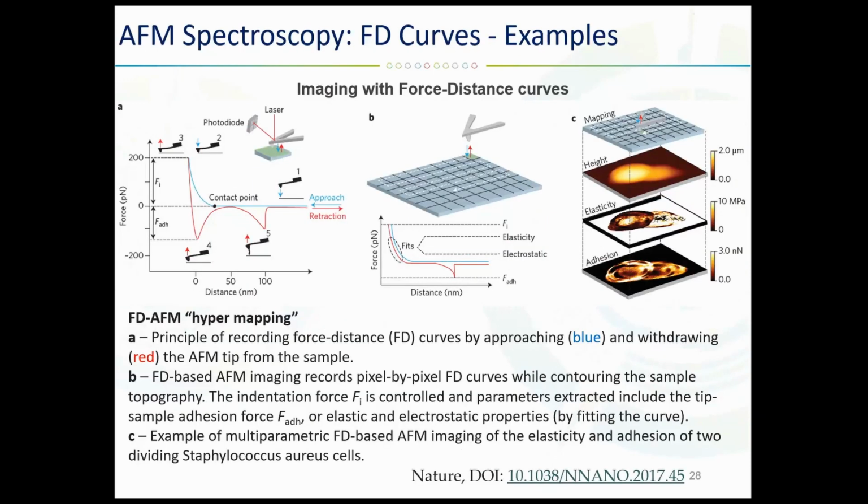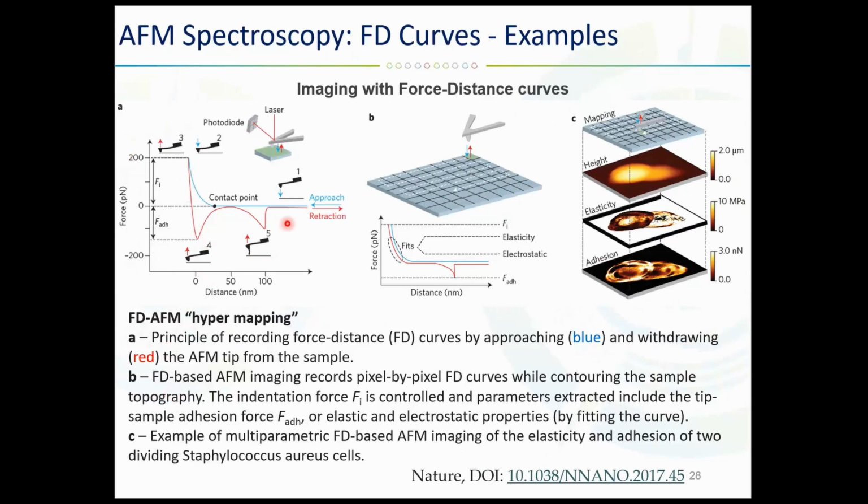The example of force distance curves in multi-parametric imaging. There's always a question if AFM can do something more than just topography. Here we can see the different types of force distance curves.